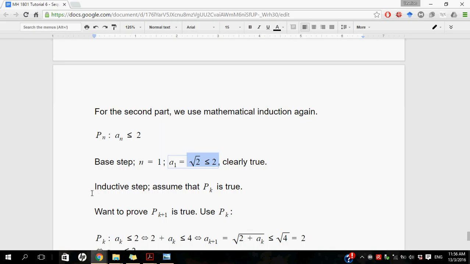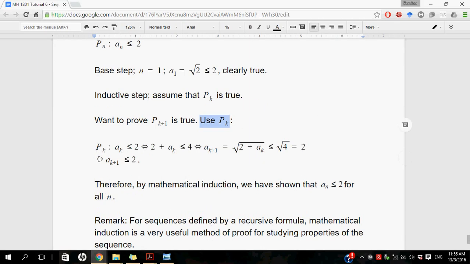We then move on to the induction step, where we have to assume that pk is true. If pk is true, we want to prove that the next statement, pk plus 1, is also going to be true. And we can use pk once again. So pk tells us that ak is less than or equal to 2 by assumption.